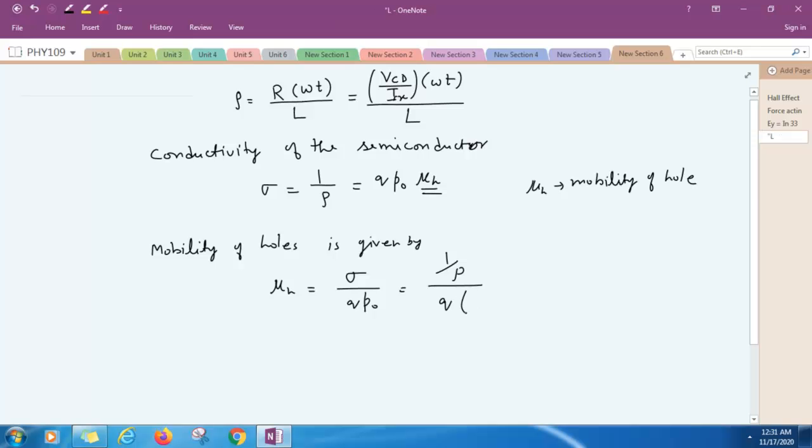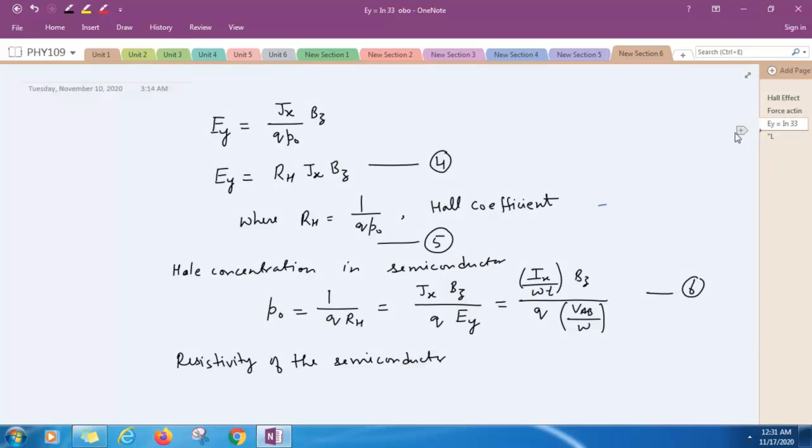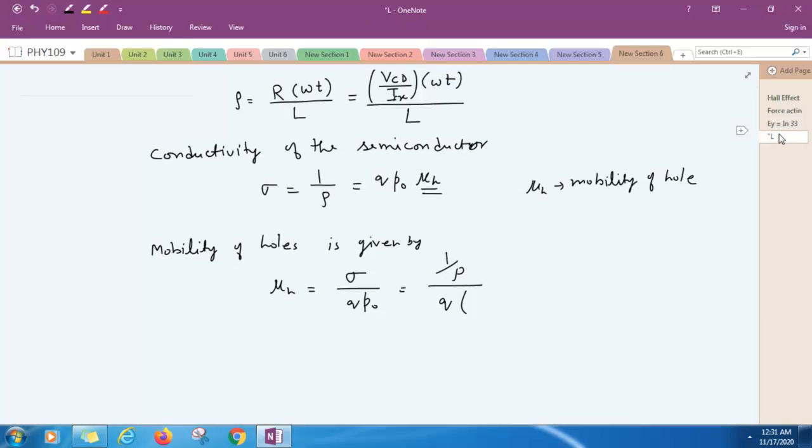For P naught I am going to use equation 5. So P naught is equal to 1 upon Q RH. So this Q and Q cancel out. This will be equal to RH upon rho. Okay, so using this relation you can calculate mobility of holes.